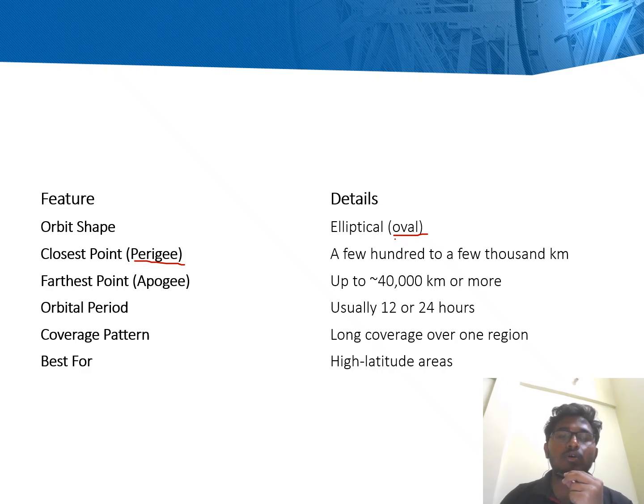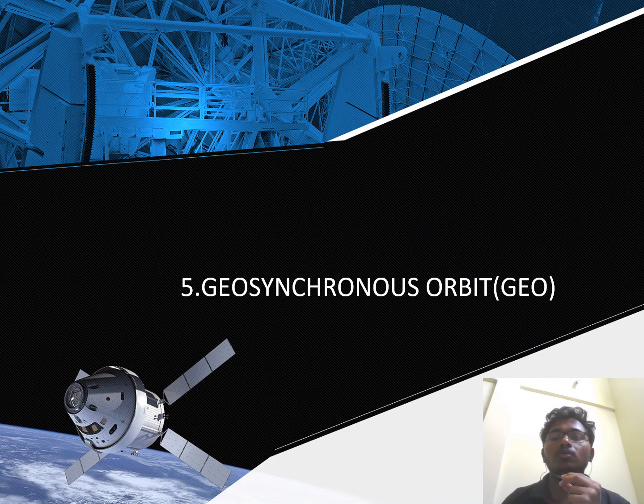The farthest point is apogee, up to approximately 40,000 kilometers or more. Orbital period is usually 12 or 24 hours. Coverage pattern: long coverage over one region, best for high latitude areas. These are the features of HEOs. Now we go through the geosynchronous orbit.